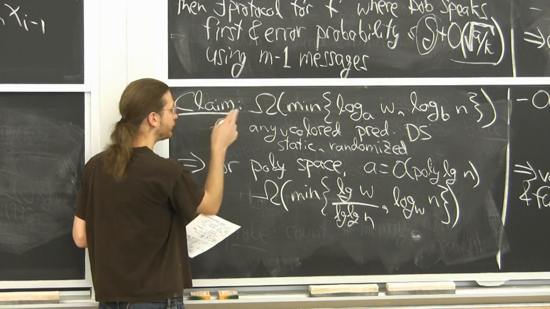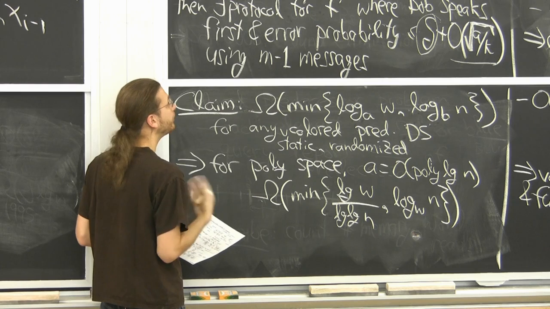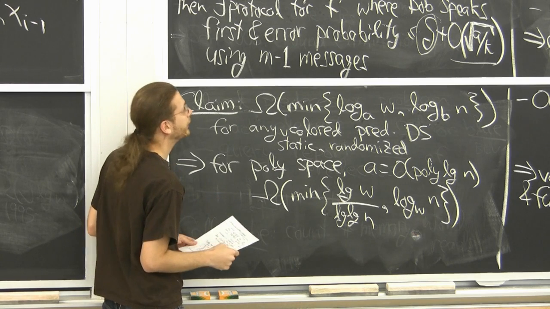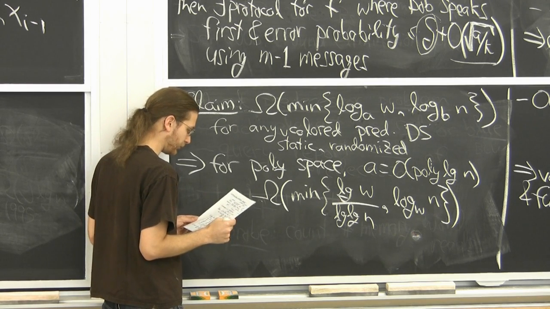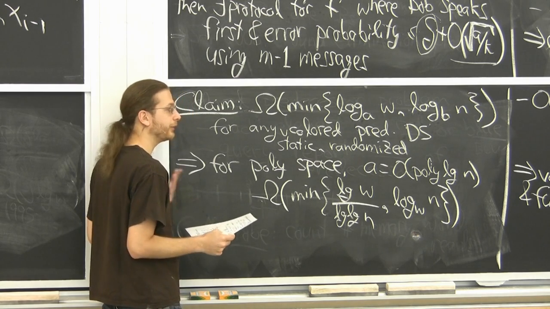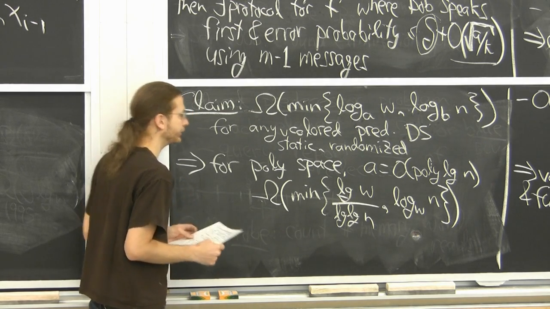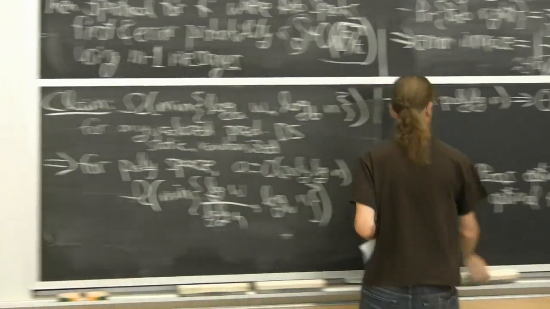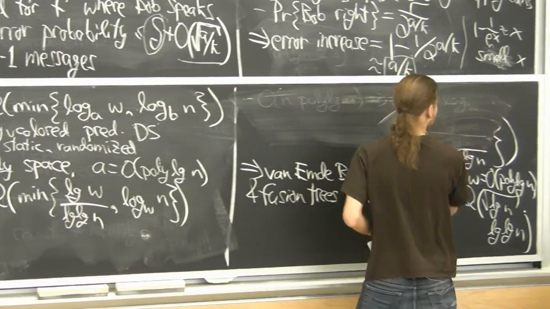You can also use this to prove the Beame-Fich lower bounds, which I've by now erased, which are the for all n there exists a w, for all w there exists an n. Why don't I briefly cover that?